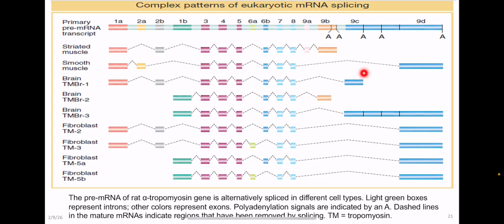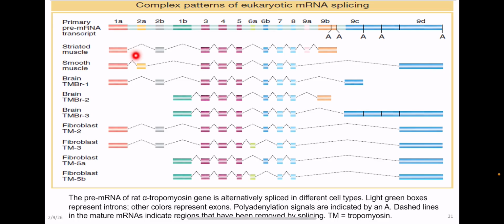It has numerous exons, with introns and exons, so we have to splice it. There are different ways you can splice this, combining different exons. So we have 1A, 2A, 2B, 1B, 3, 4, 5, 6A, 6B. Let's just use 3 examples so that we can move faster.